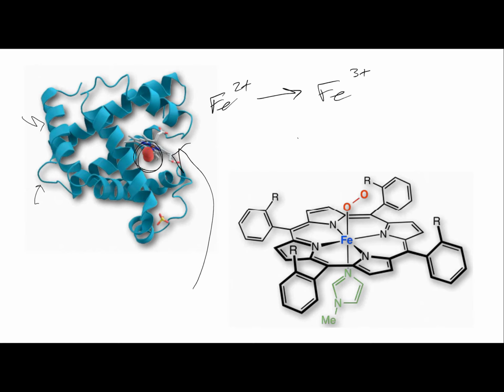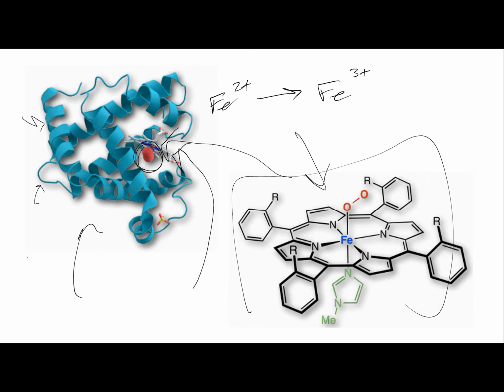This is what the oxygen-bound heme looks like, a zoomed-in version. Interestingly, myoglobin holds the distinction of being the first protein for which the 3D structure was determined by X-ray crystallography. This happened in 1958. So we've got this beautiful structure, and we've got to not take it for granted. It's been less than 70 years since we've been able to actually see these things using X-ray crystallography.